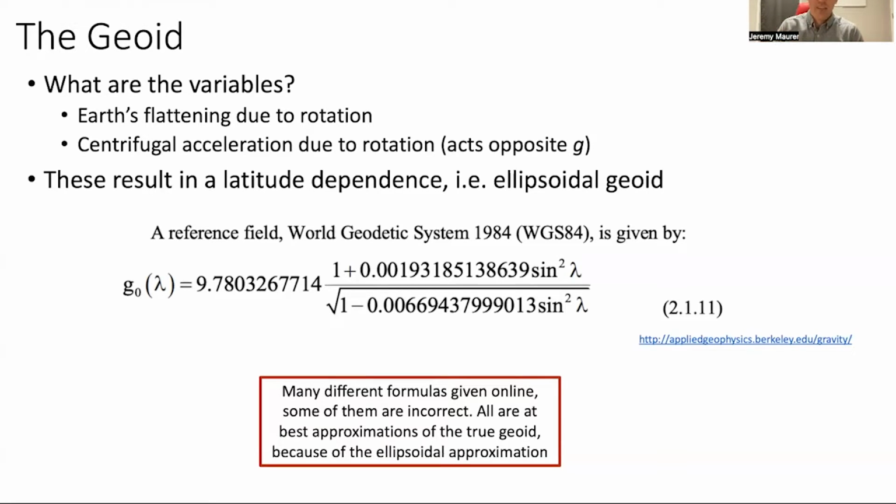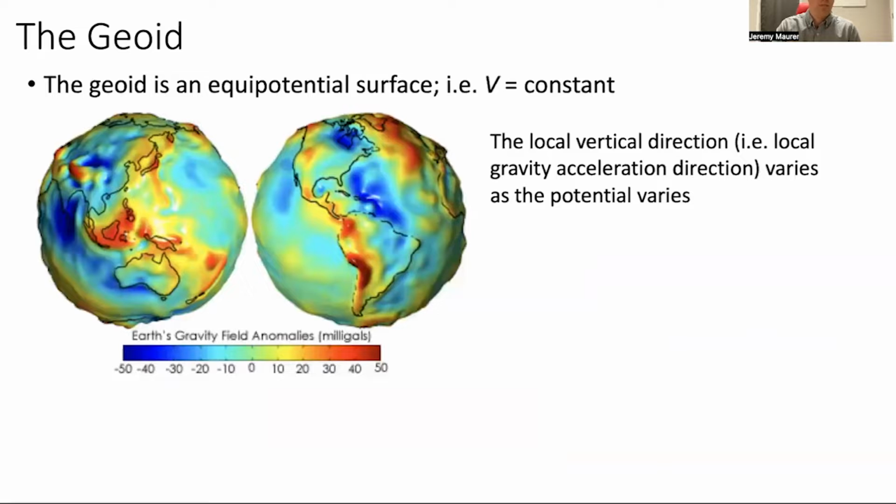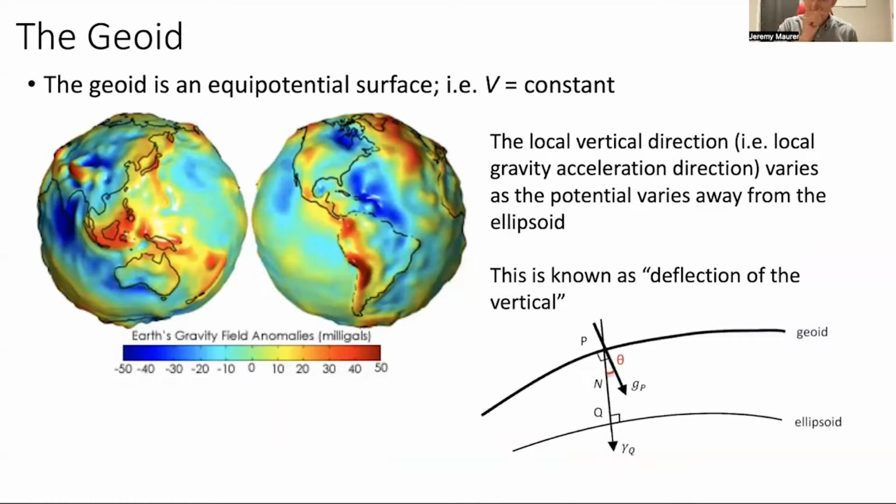So this is the starting point, but we need more. And what is causing these higher frequency, or shorter wavelength, undulations that we can clearly see in this image? By the way, we'll talk about where we get this image in a minute. These variations are also known as the deflection of the vertical, the difference between the local down direction of the geoid and of the ellipsoid.